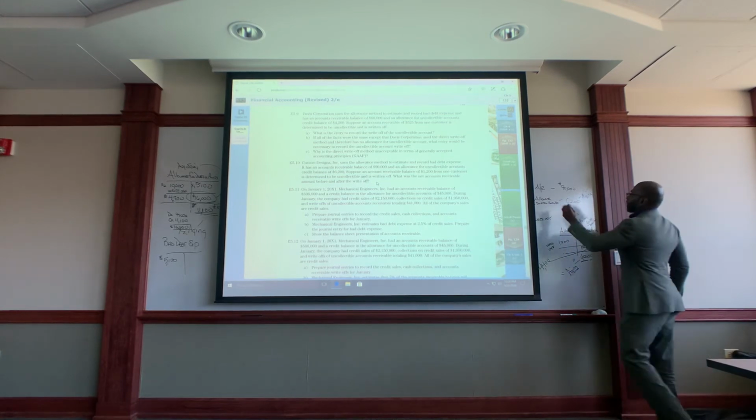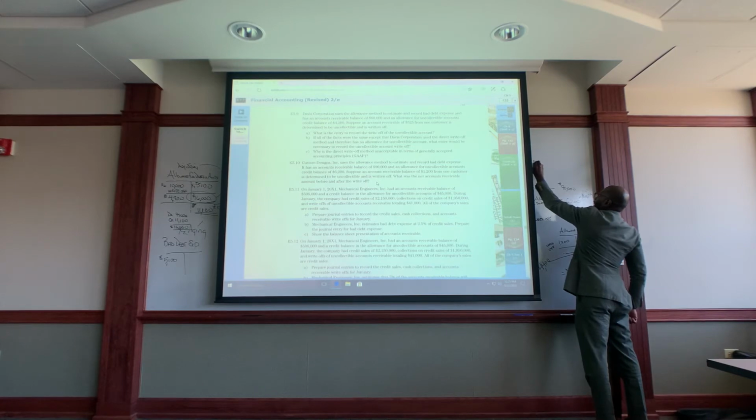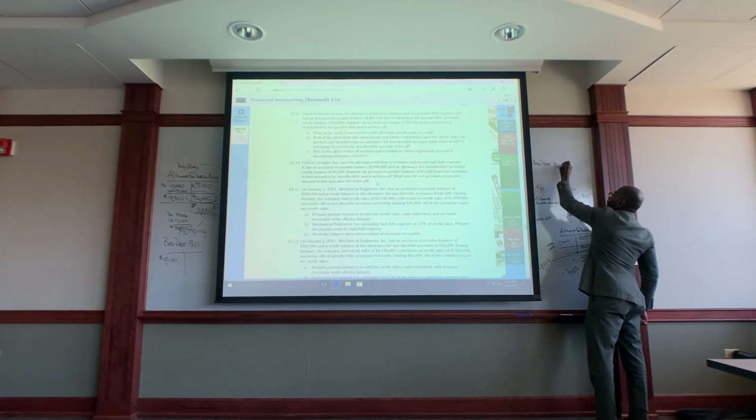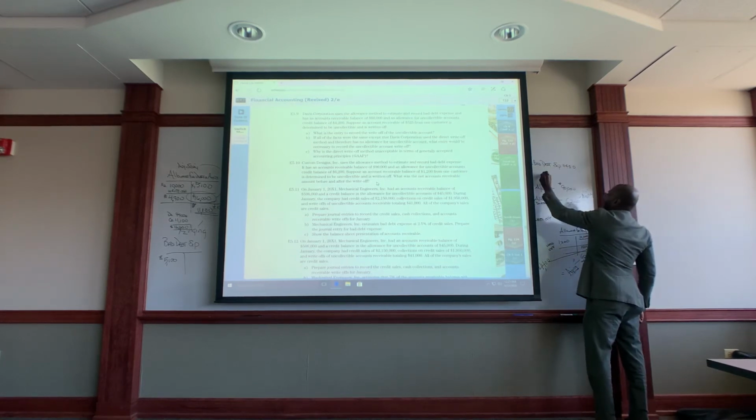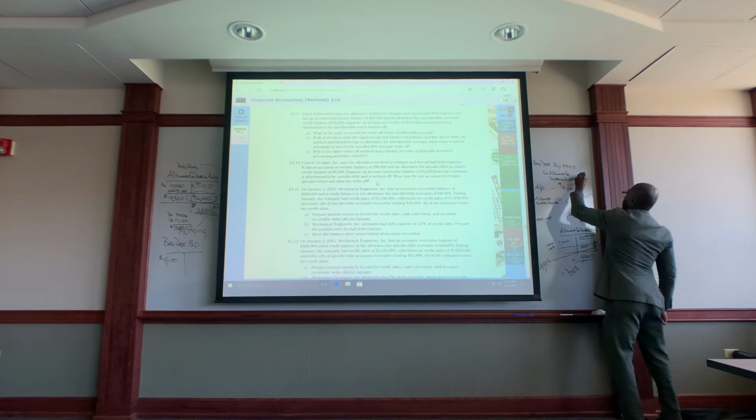The journal entry to record that would be a debit to bad debt expense of $4,400 and a credit to the allowance for doubtful accounts for $4,400.